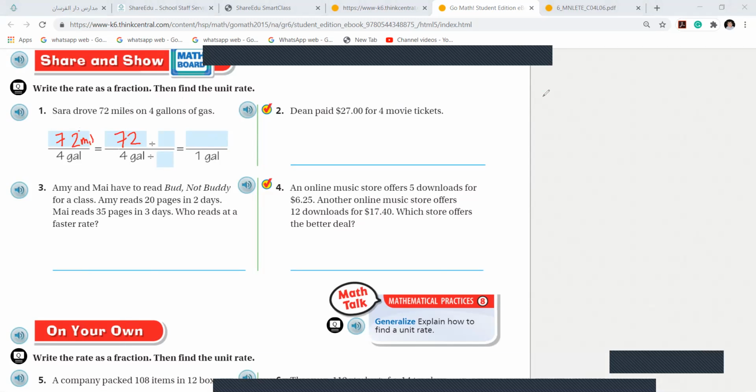I'll do here 72 miles, 4 gallons. So 1, how much? It's like 1 gallon, how many miles? 72 divided by 4.